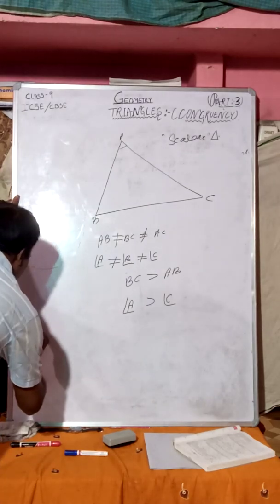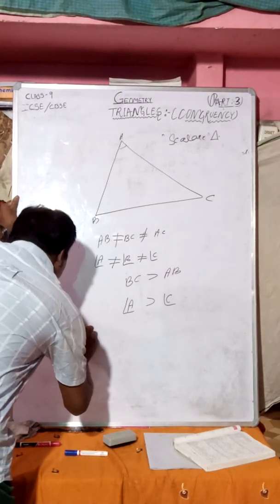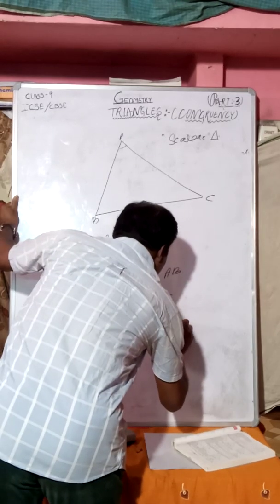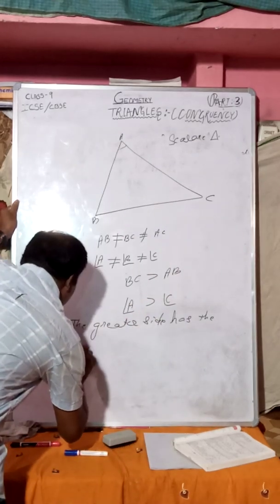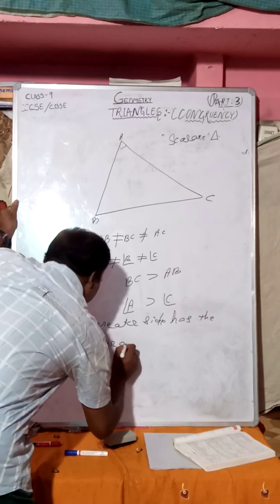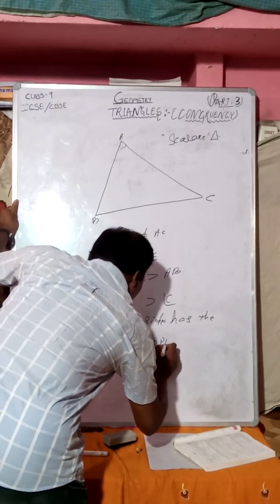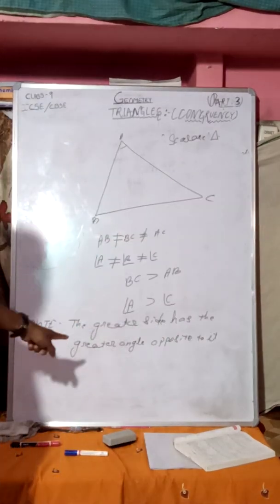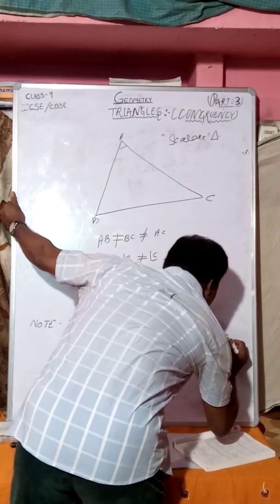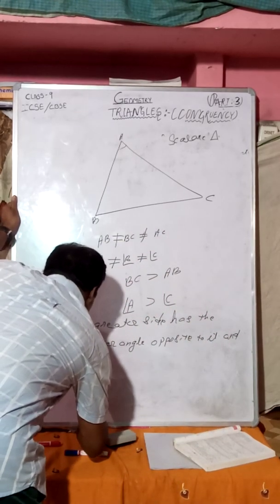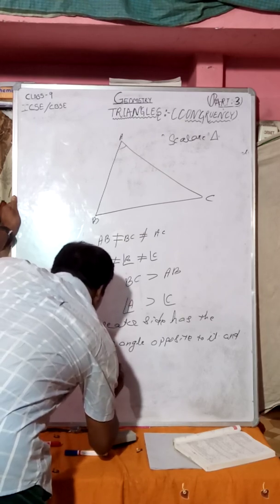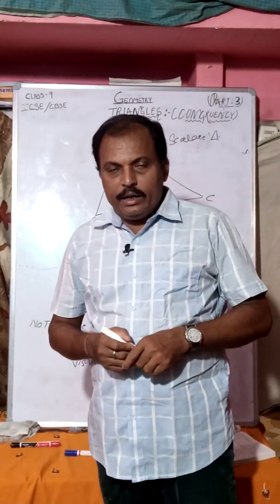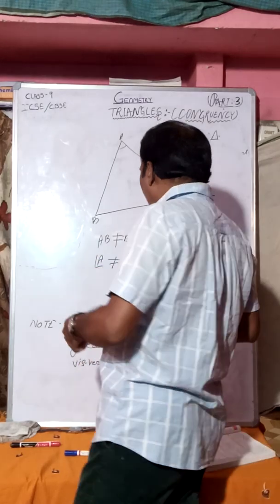The note: the greater side has the greater angle opposite to it, and the smaller side has the smaller angle opposite to it.